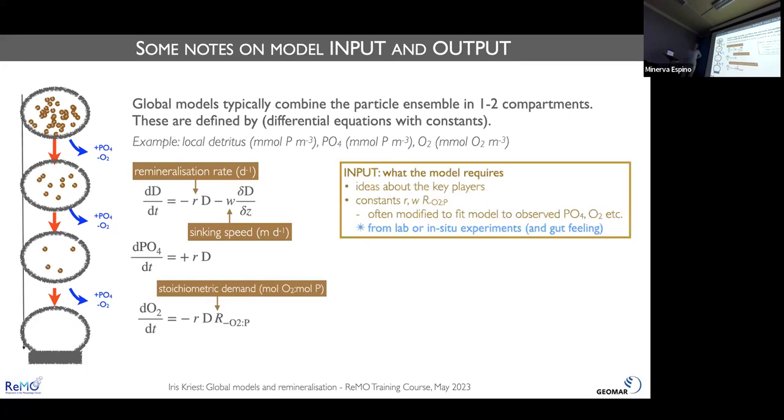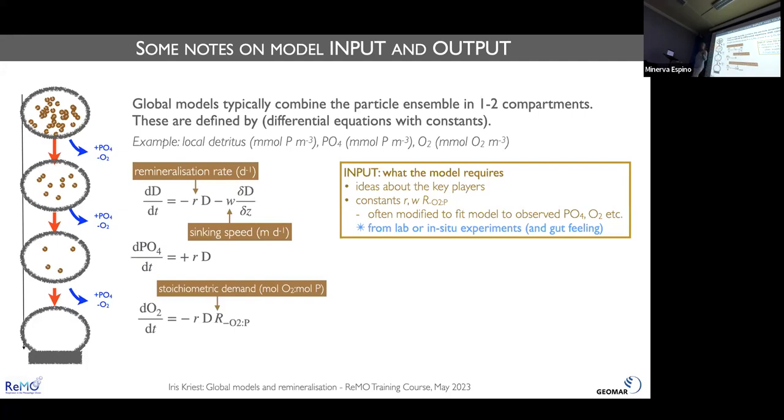And so I put up this slide to make very clear what we require for the models and what the models will give us. So what the model requires is ideas about the key players. So for example, here we assume we need detritus, phosphate, and oxygen. Very simple model. Could also think of other things, nitrogen, nitrate, etc. And then it requires things like rate constants, like the remineralisation rate.